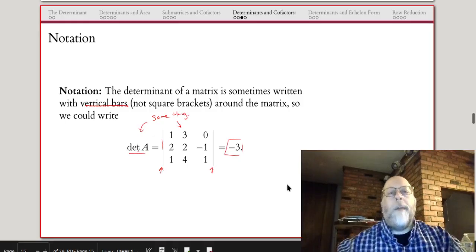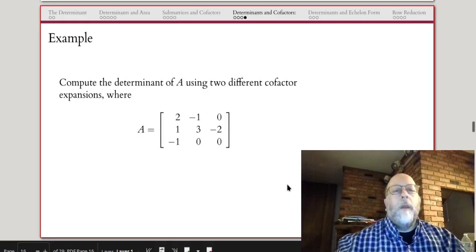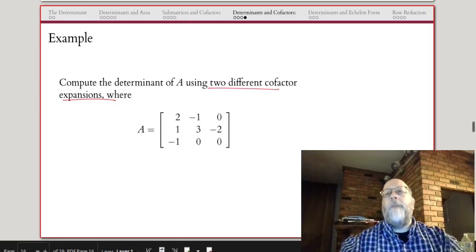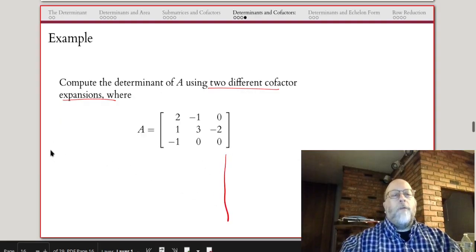We'll do one more example and then we'll move on. We're going to compute this determinant using two different cofactor expansions. I want to show you that you get the same answer both ways. So in the first expansion, we're going to try using the bottom row.